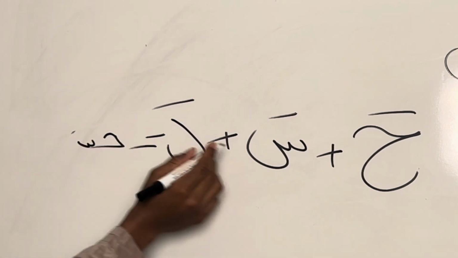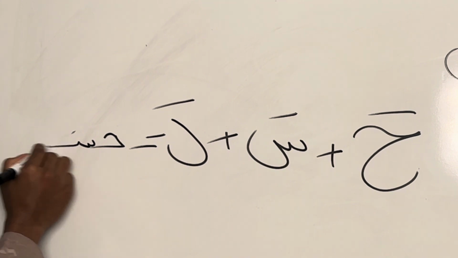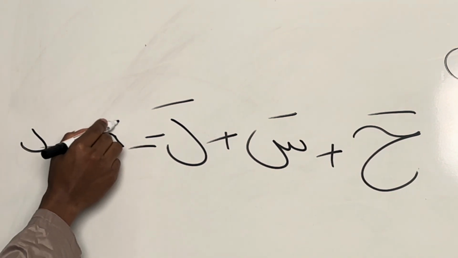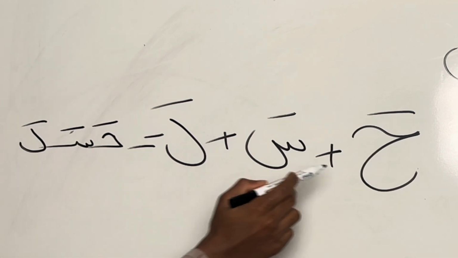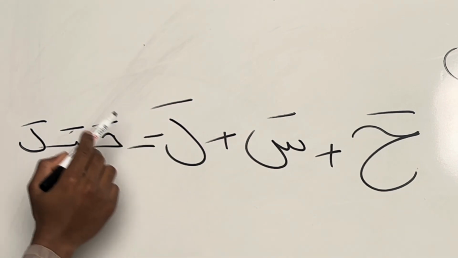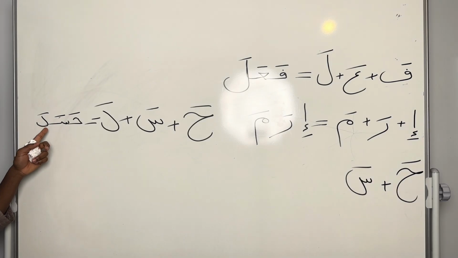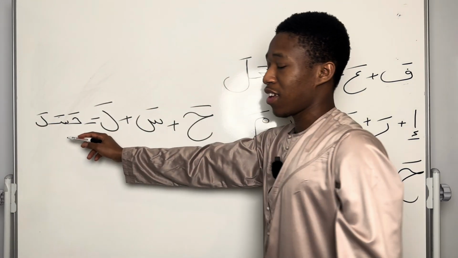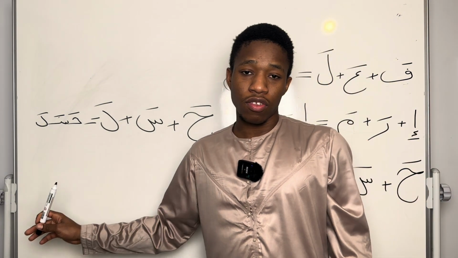Sin, there's a body, we cut the body, make it straight, and the last letter we attach it to the sin. So ha fatha ha, sin fatha sa, dal fatha da. What's that? Hasada. MashaAllah. Hasada. So that's hasada. Allahumma barik. So let's stop here.